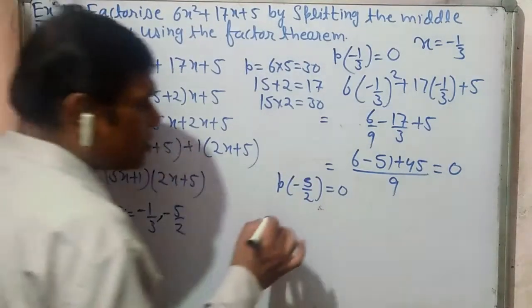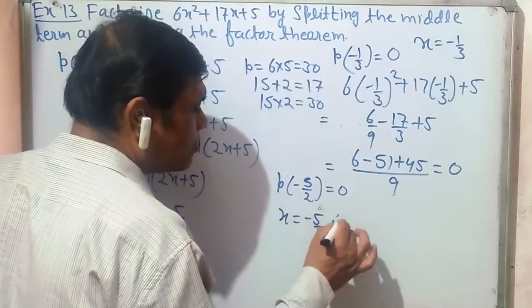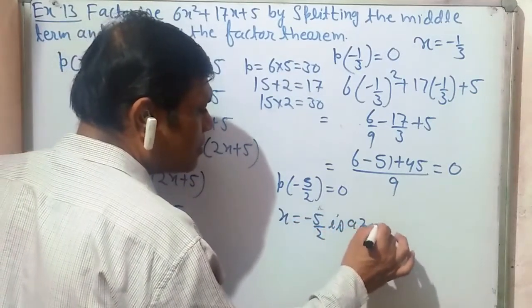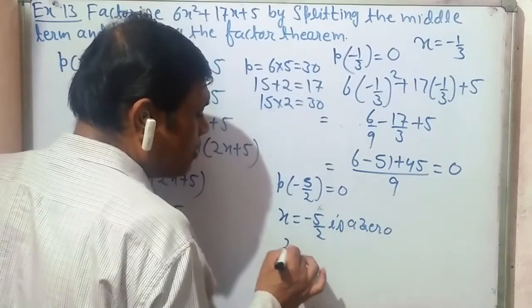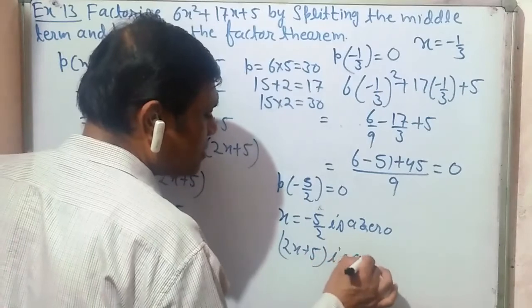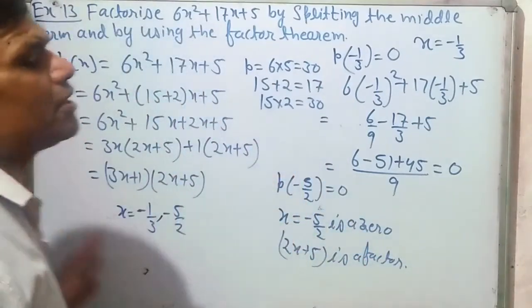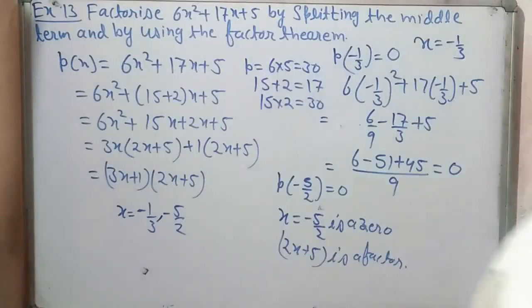That means x equals minus 5 upon 2 is a zero, or 2x + 5 is a factor. So that is the relation, dear students, between factorization, the zeros, and the factors of any given polynomial.